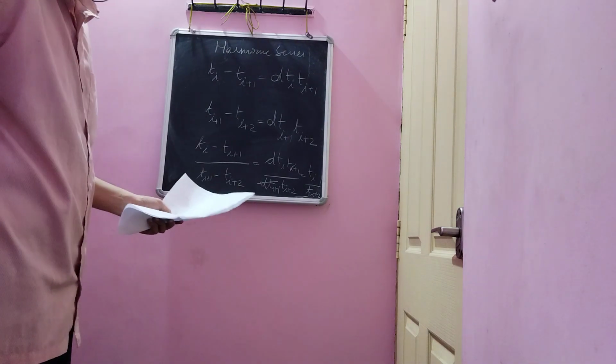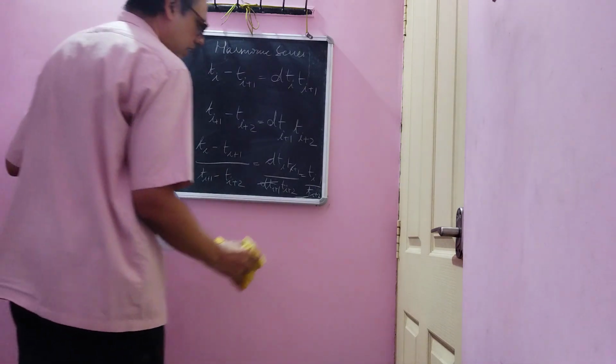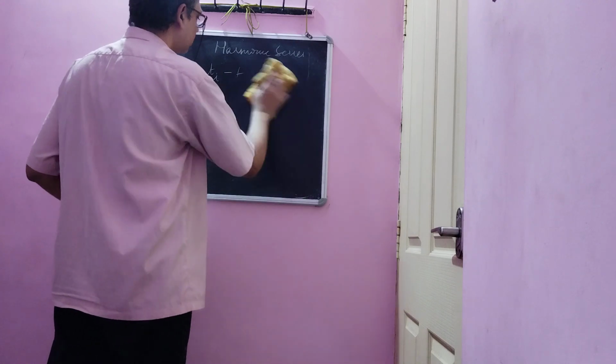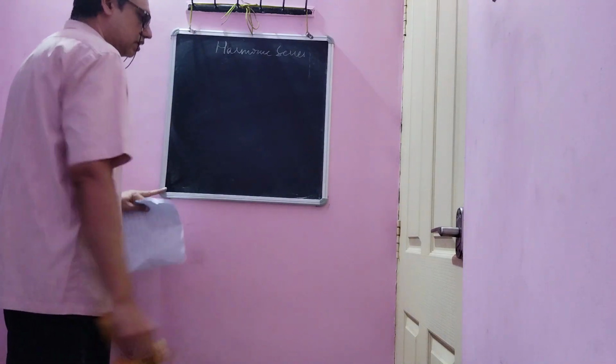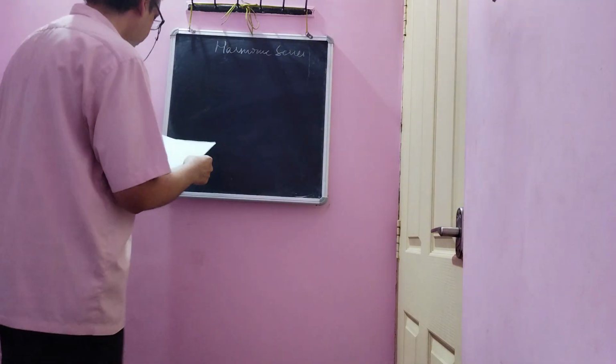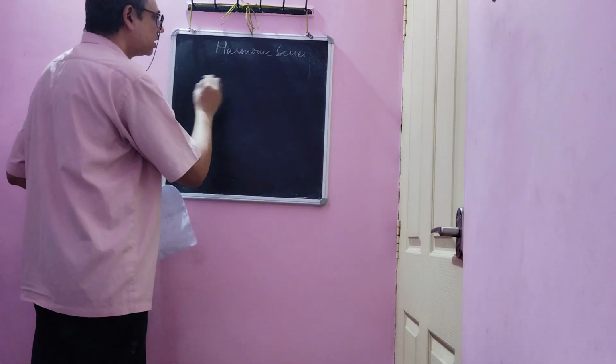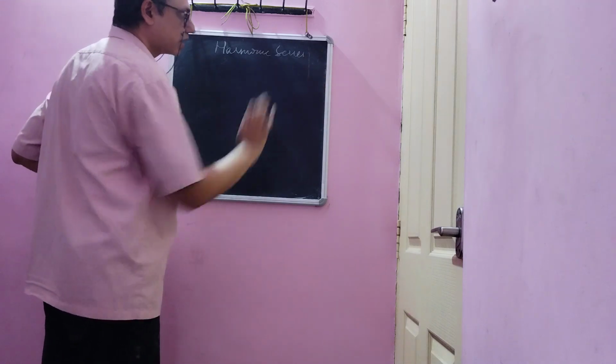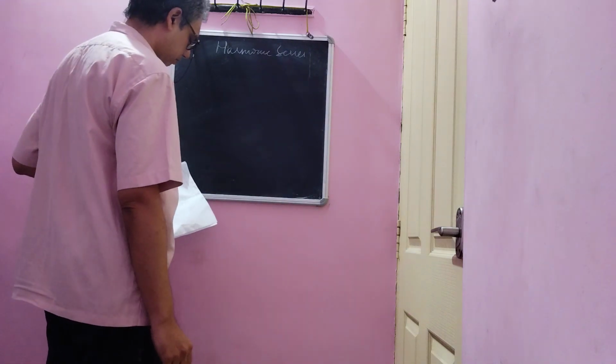So this ratio we have here. Now for the harmonic series itself, more generally we will have Ti as an intermediate term between T0 and Tn minus 1, with T0 inclusive but excluding Tn minus 1.